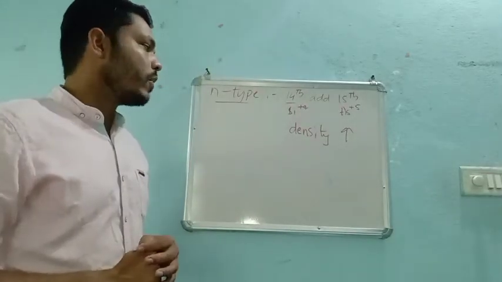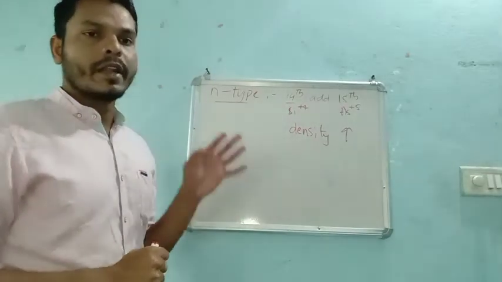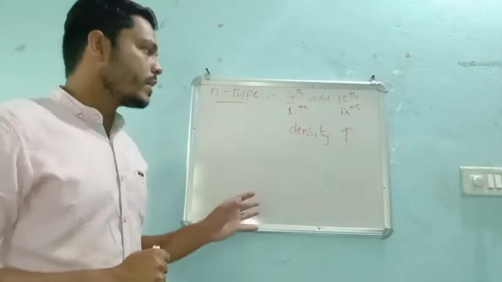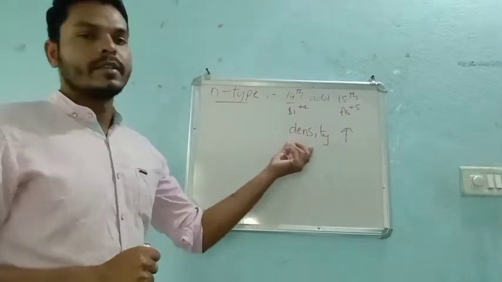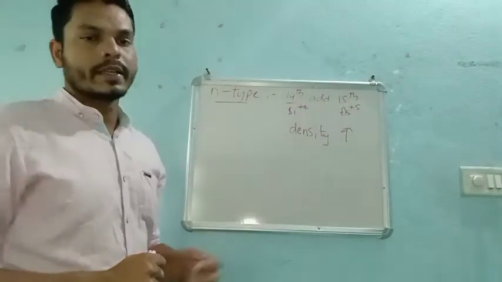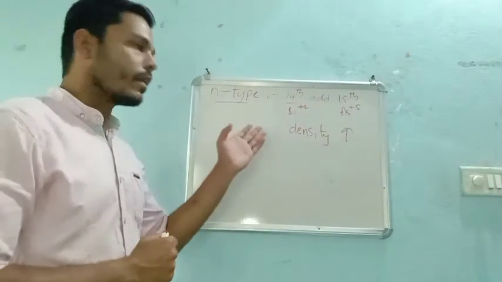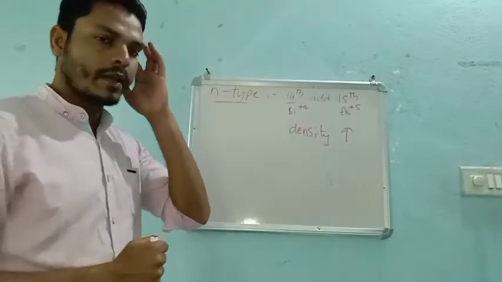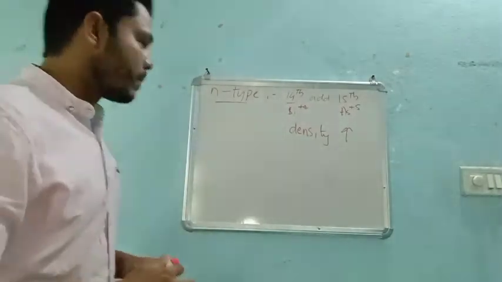Because of adding one electron, the conductivity increases, and not only the conductivity, the density also increases.